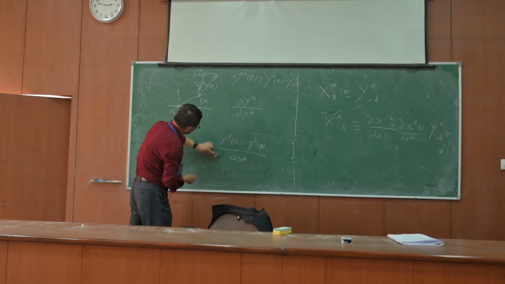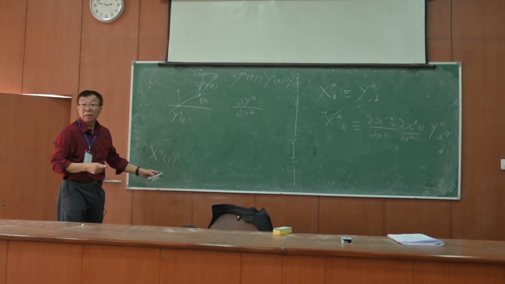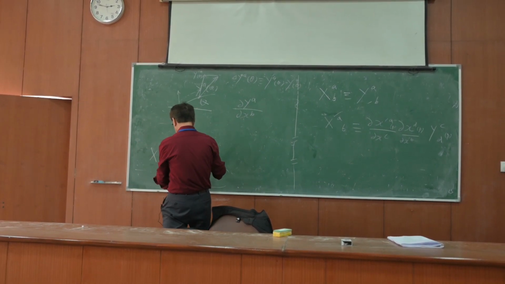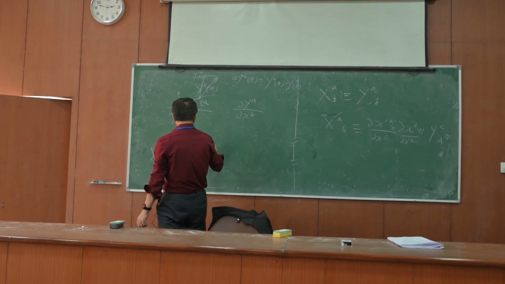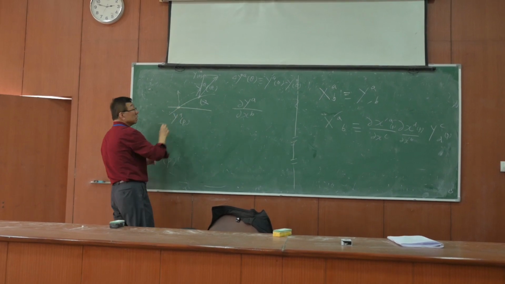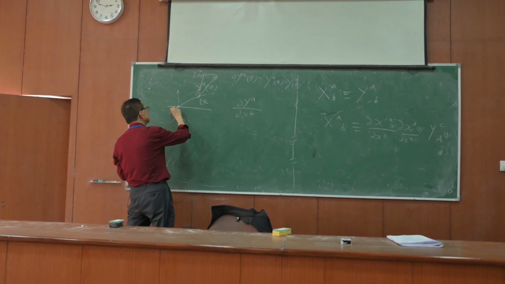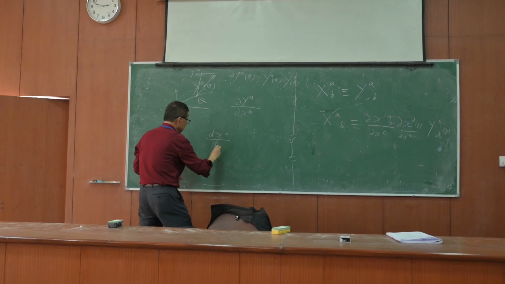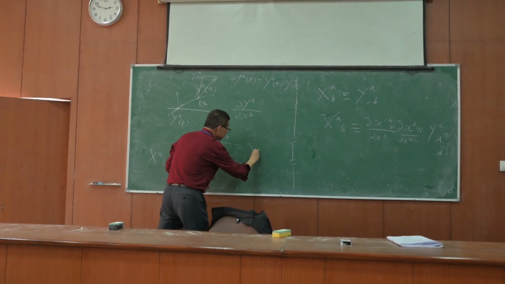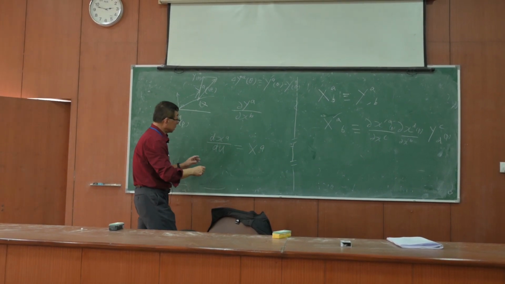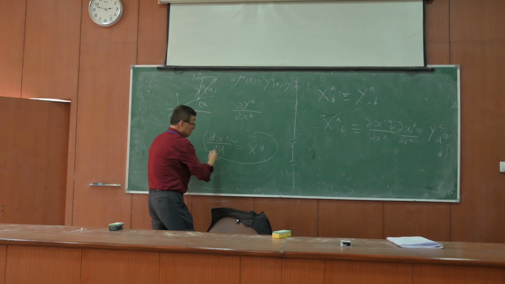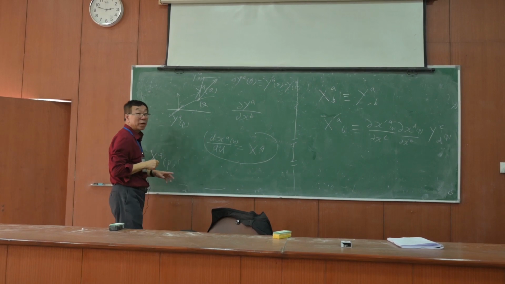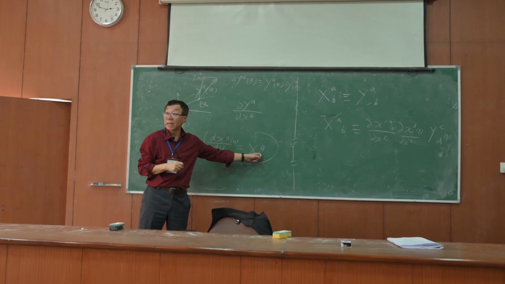Then, passing through every point, I introduce a continuous curve, dx^a/du equals X^a. So the tangent vector of this line will equal the field X you introduced.